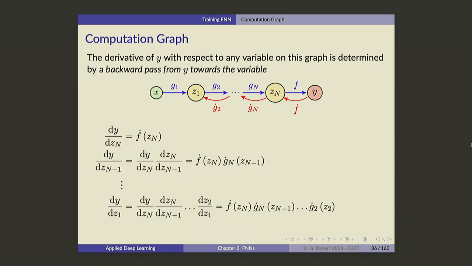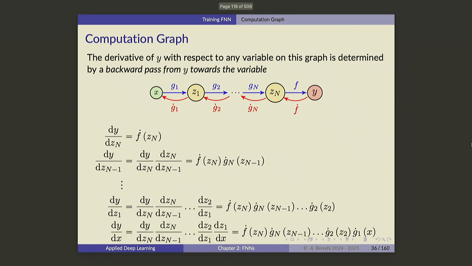So the derivative of y with respect to z1 you can write as the multiplication of all of those previous derivatives together. And if you want to know it with respect to the input, you just need to move backward from the very end to the very beginning, and then multiply every gradient that you computed. Everybody's clear?